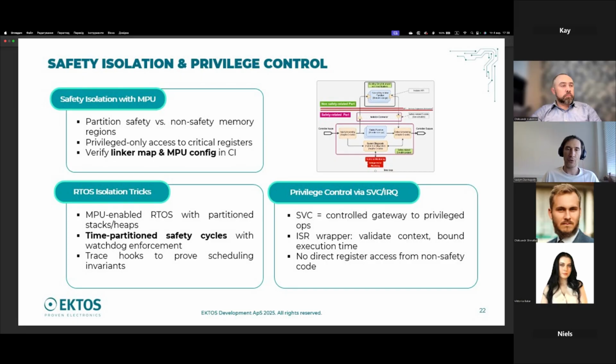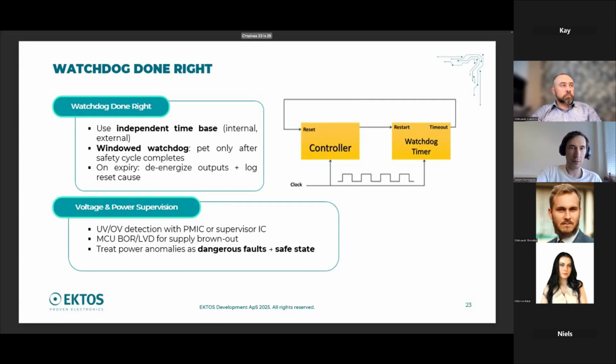And we have to look into privilege control and interrupts, which allow us to execute communication between these two parts in a safe way. This is what we have to say about this.